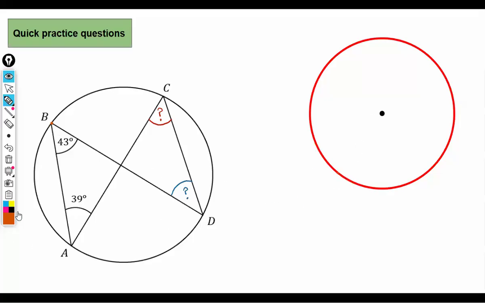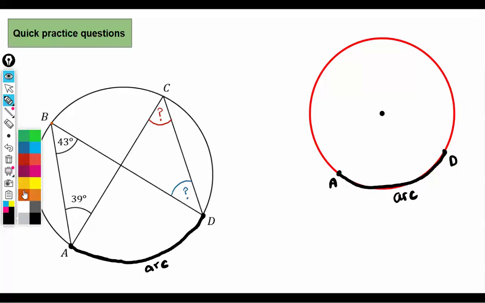So I'm going to call here point A. That's this A here, and over here is D. I think you all can see that this here is definitely an arc. I'm going to try my best to color code it now.